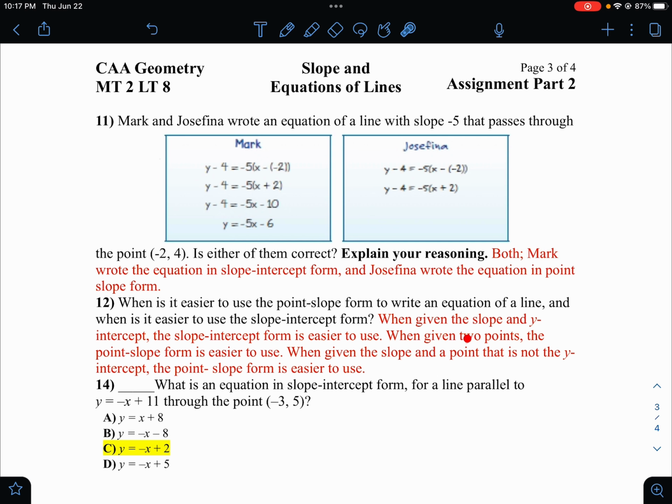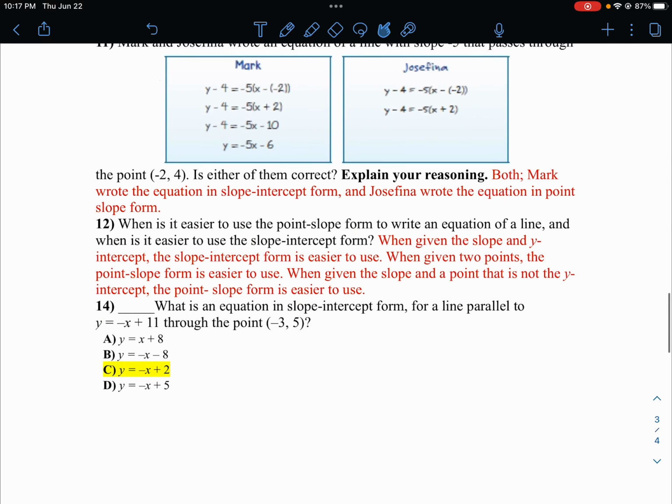Otherwise, if you're given 2 points, or if you're given a slope and a point on the line, it's easy to use point-slope form. So point-slope form we actually tend to use more often because it's easy to work with, to write. But slope-intercept form is easier to understand, so sometimes we leave it like that.